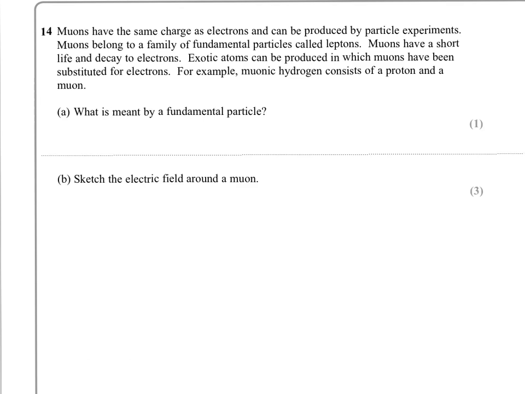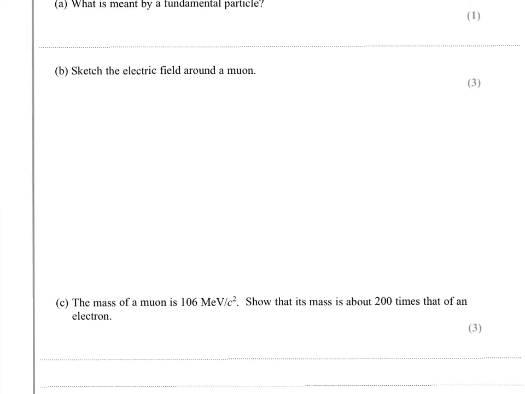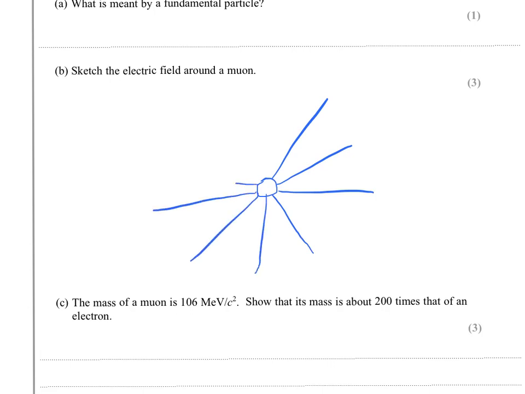Sketch the electric field around a muon. Okay, so we have a particle, and that particle has an electric field. Now that electric field will radiate out, and what you want to do is try and draw these as evenly as you can, not having any too close together, which I just did.